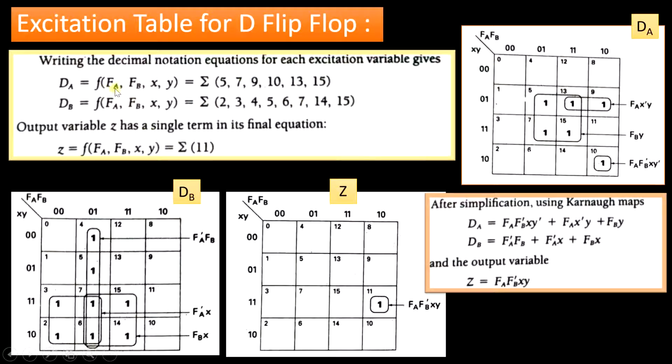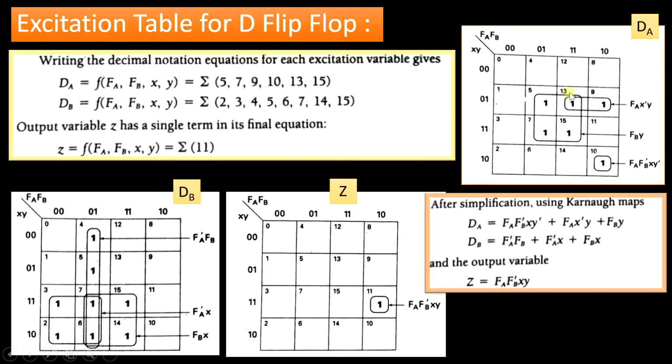So here FA, FB, X and Y are the variables. So these are 4 variables that are being used, so you need to make use of a 4 variable Karnaugh map. Since you have a total of 3 terms, you will be having 3 Karnaugh maps of 4 variables each.